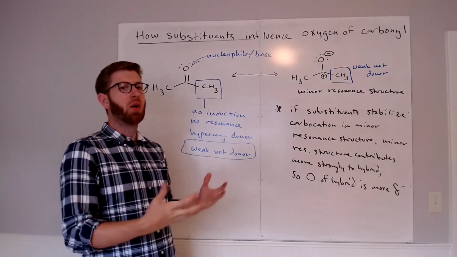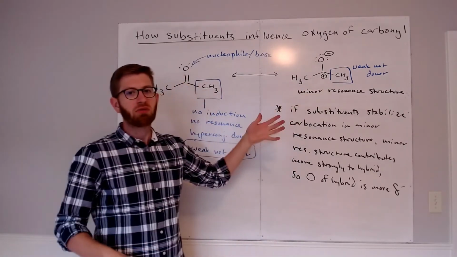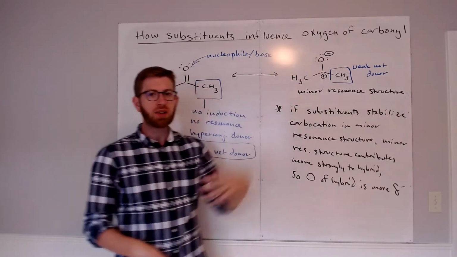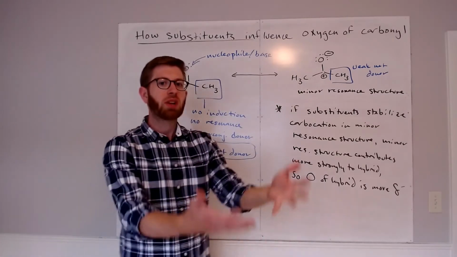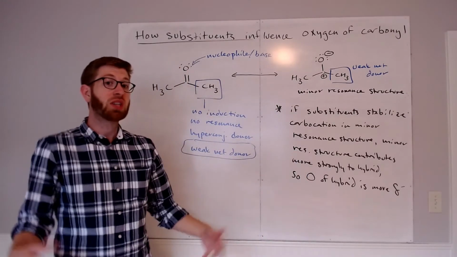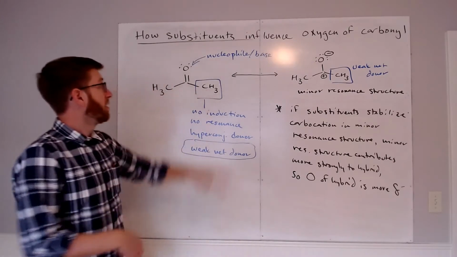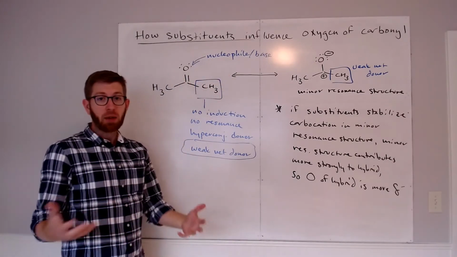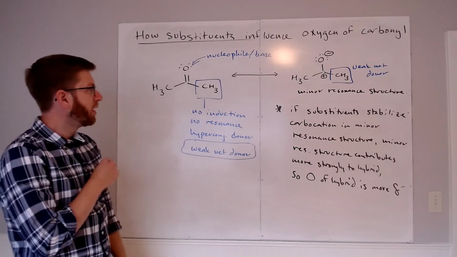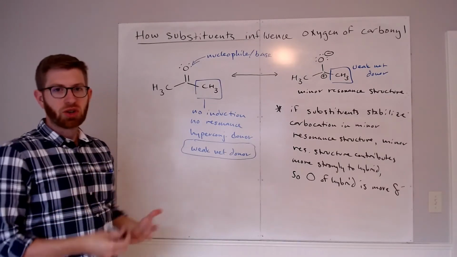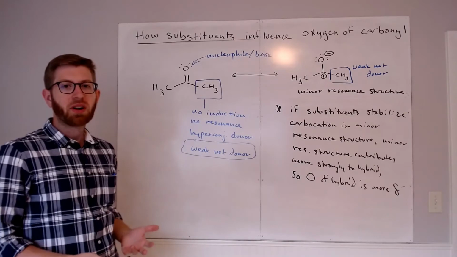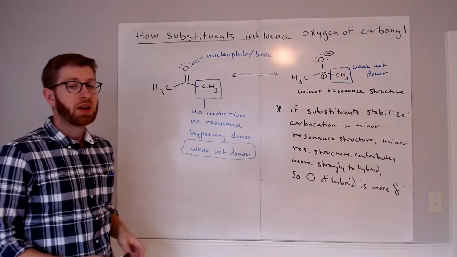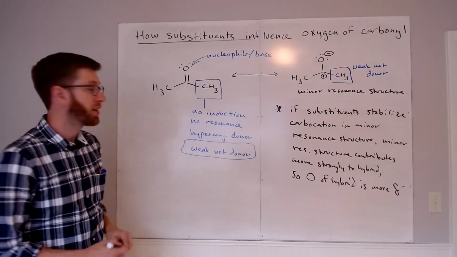And then saying, oh, well, if I make this carbon electron rich, there's no reason for this oxygen to push electrons back toward that carbon. The oxygen keeps them. And if it does that, it's more nucleophilic and basic because we're localizing charge in that place, right? That sounds to me like there's a relationship between electrophilicity of carbonyl carbons and nucleophilicity of carbonyl oxygens.